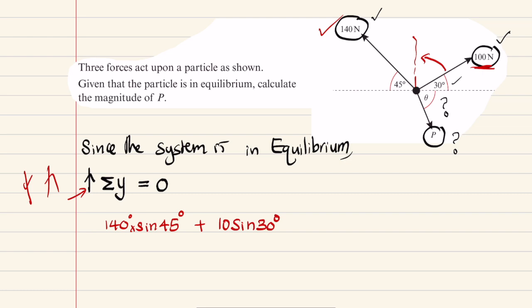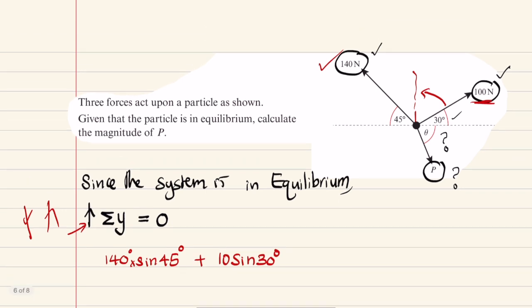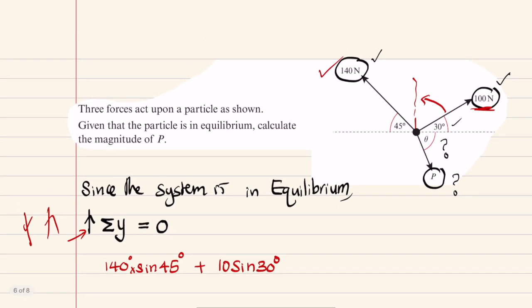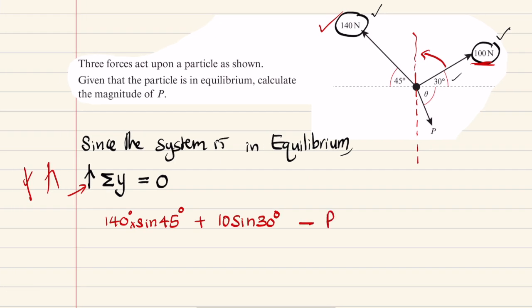Now what about the other force? I have P, but now P is opposing the direction that we considered because P is acting downwards. So its vertical component would be minus. So that's going to be minus P. Is it cos or sine?